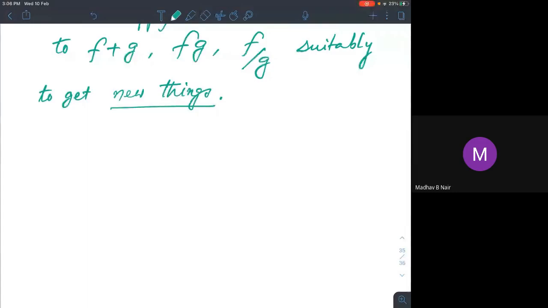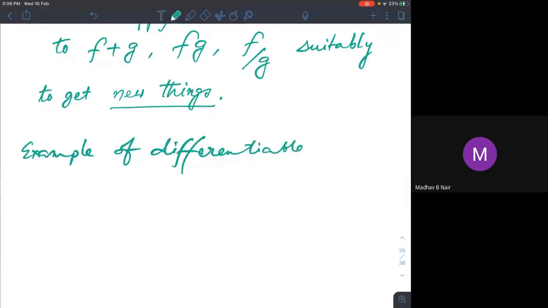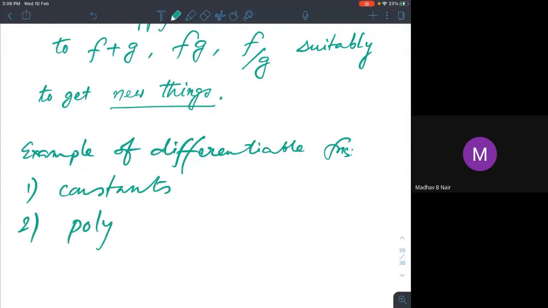And this next one is just an example of differentiable functions. One is constants, two is polynomials.